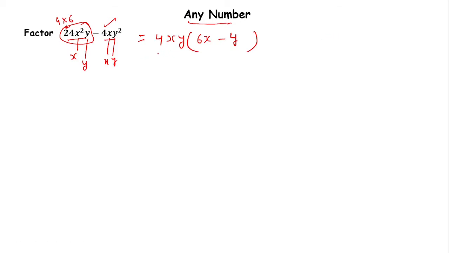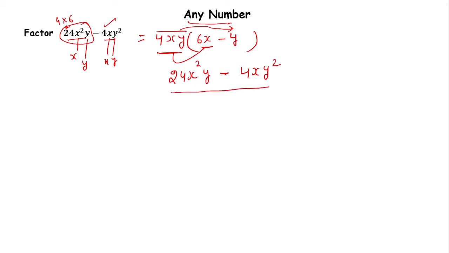If you multiply 4xy with 6x, you will get 24x square y minus, if you multiply this 4xy with y, what will happen? 4xy square. Is this my given question? Yes, same thing. So it means we are correct. So this is the answer, my dear.